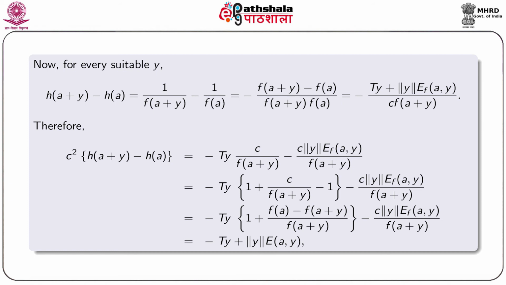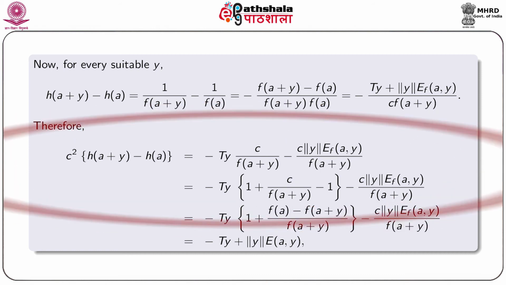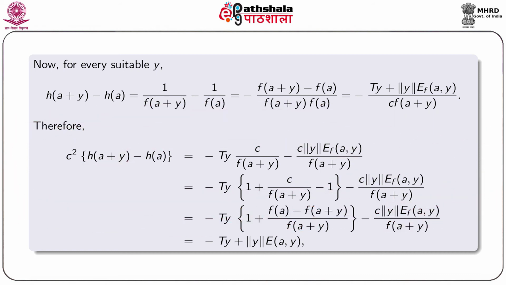Now, c squared multiplied by the increment of h, we can express this as minus T y into c by f(a+y) minus c norm y E_f(a,y) by f(a+y). Now, we need this linear transformation T. So, we write c times f(a+y) by 1 plus c by f(a+y) minus 1.